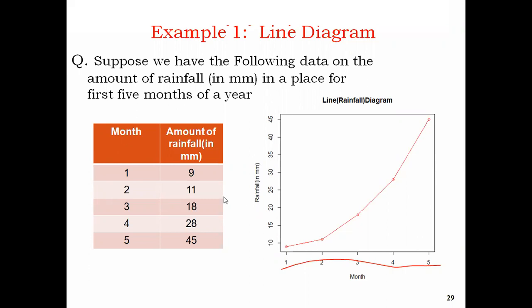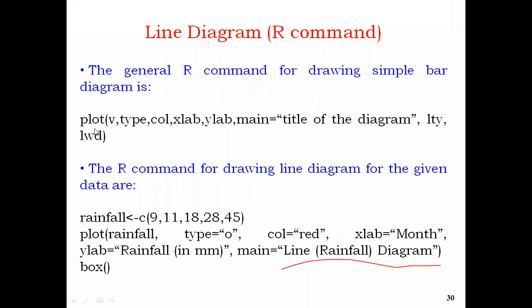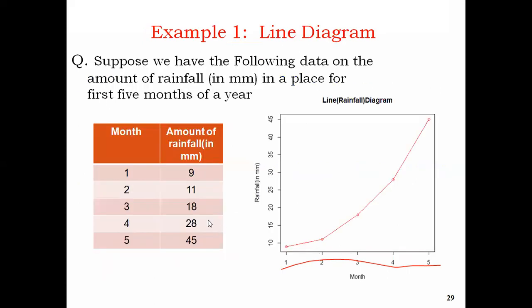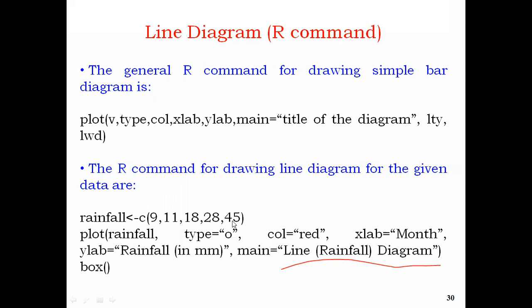For the line diagram, you see: plot rainfall for this example, with type, col, XLab, YLab, main, then lty and lwd, line type and line width. Here you see the command: rainfall <- c(9 up to 45). These are the amounts of rainfall, 9 to 45, so we are writing 9 up to 45 here.